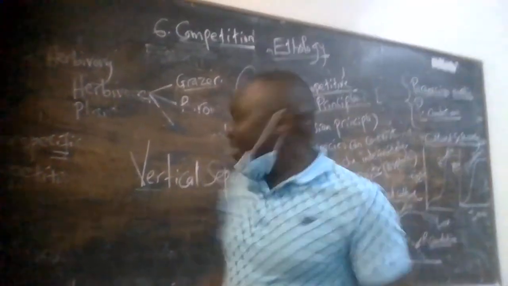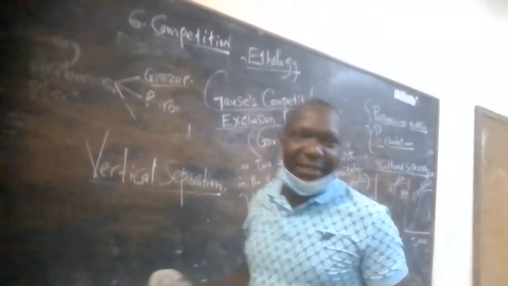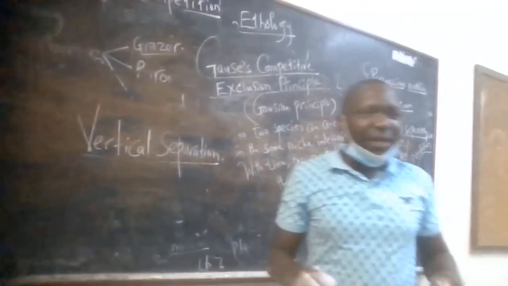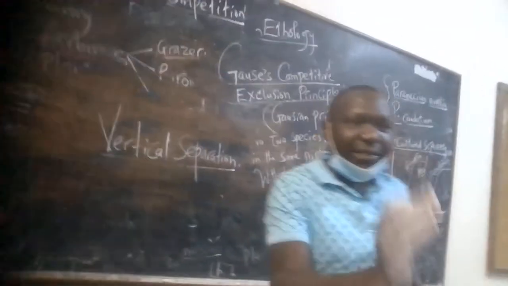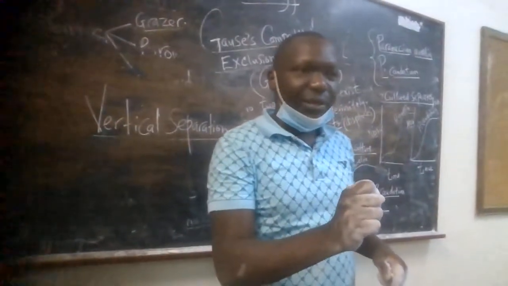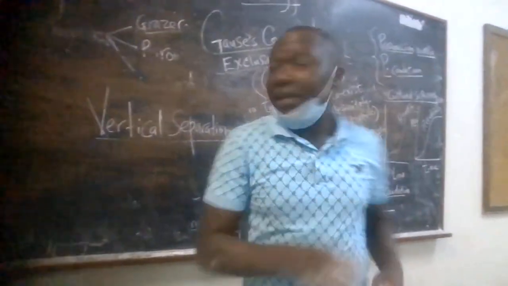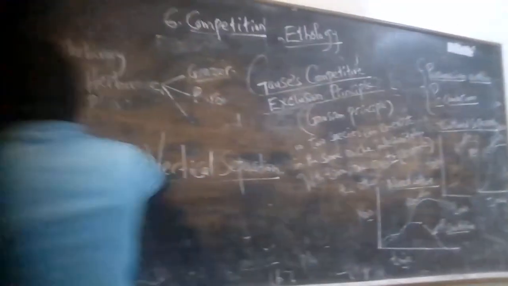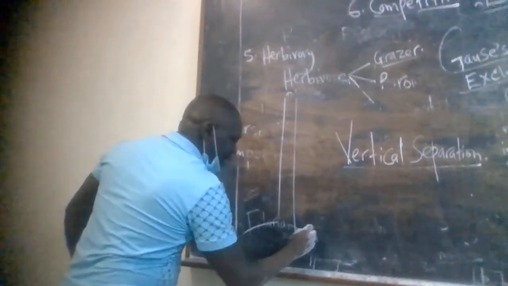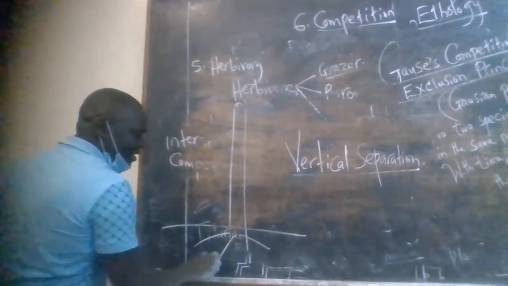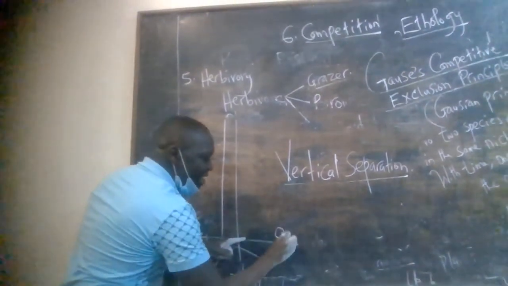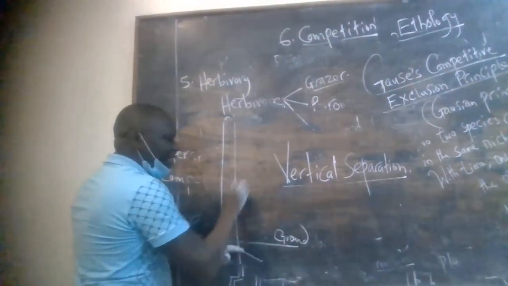Then vertical separation simply means feeding at different layers of a resource. For example, a tree. A tree is made up of different layers. This is the ground layer. This is the stem.